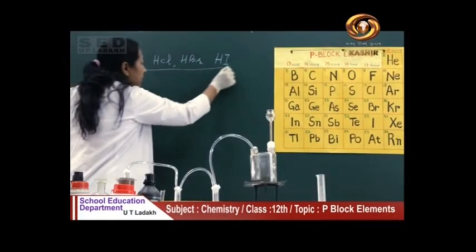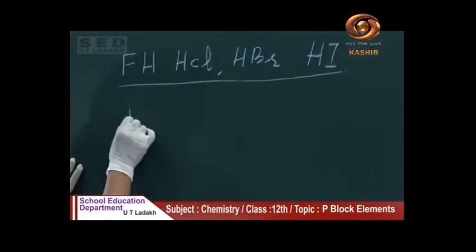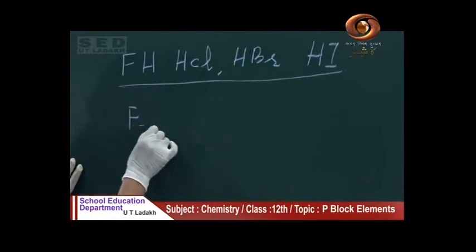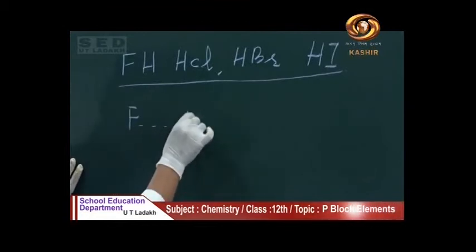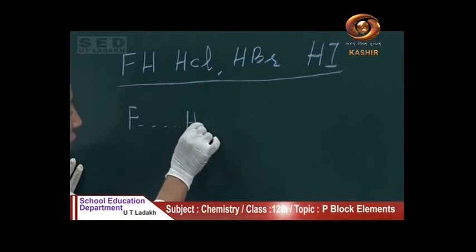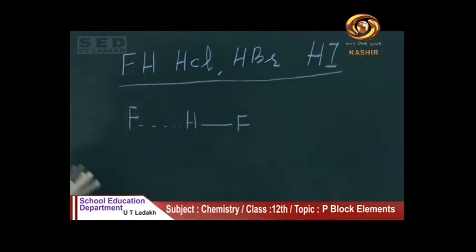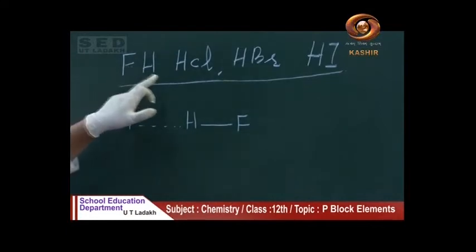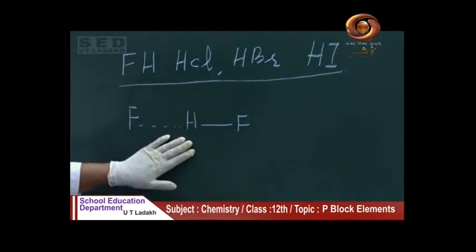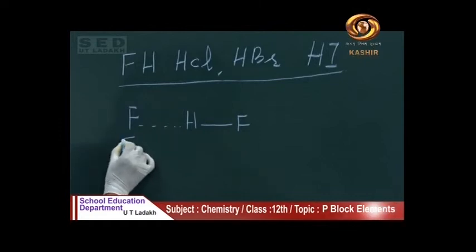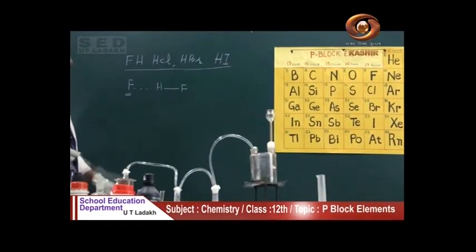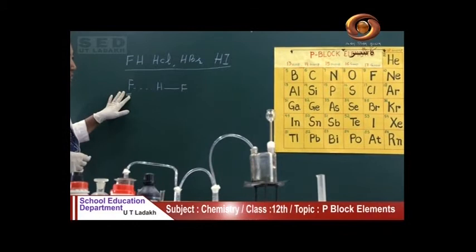Among these, HF shows a very good amount of hydrogen bonding with fluorine, and this is due to the reason that fluorine is the smallest among the other halogens.